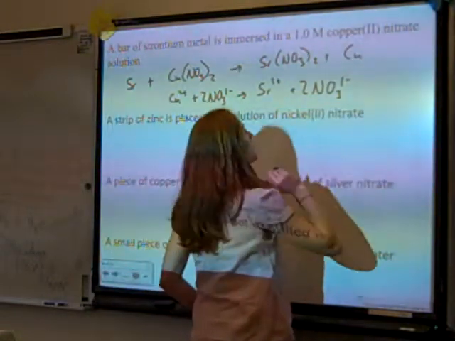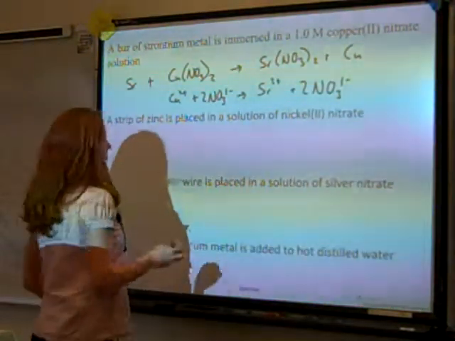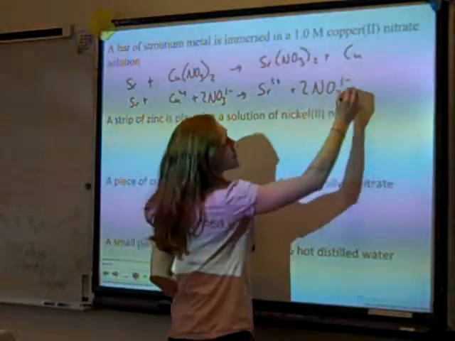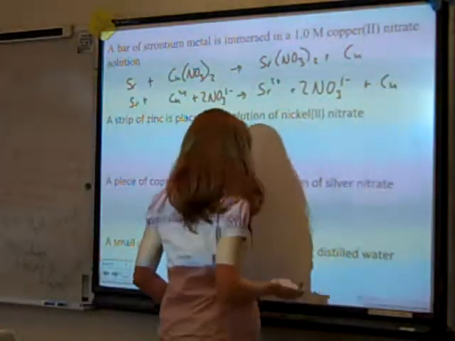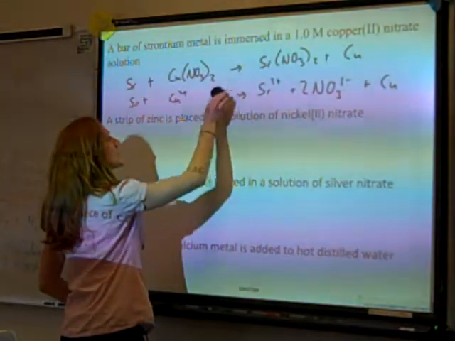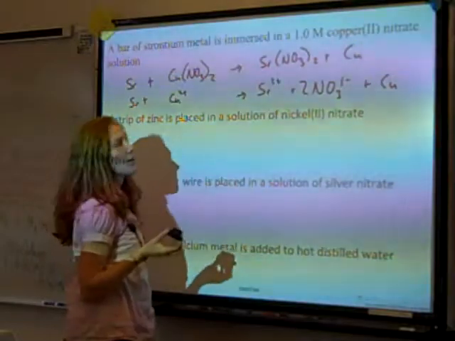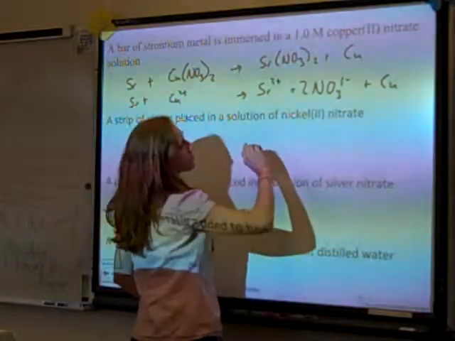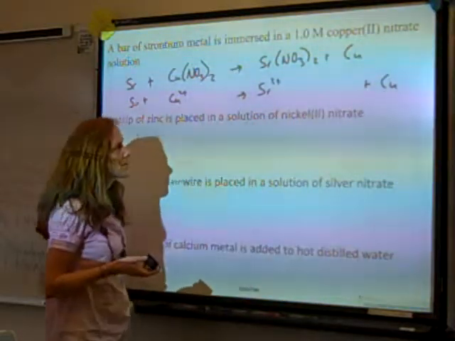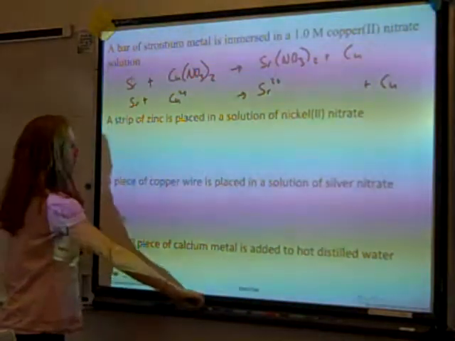I can see that the nitrate didn't change, so my net ionic equation is going to have the nitrates taken out. So it's really strontium as a solid plus copper 2+ ion reacts to form strontium 2+ plus solid copper. And that's my net ionic equation.